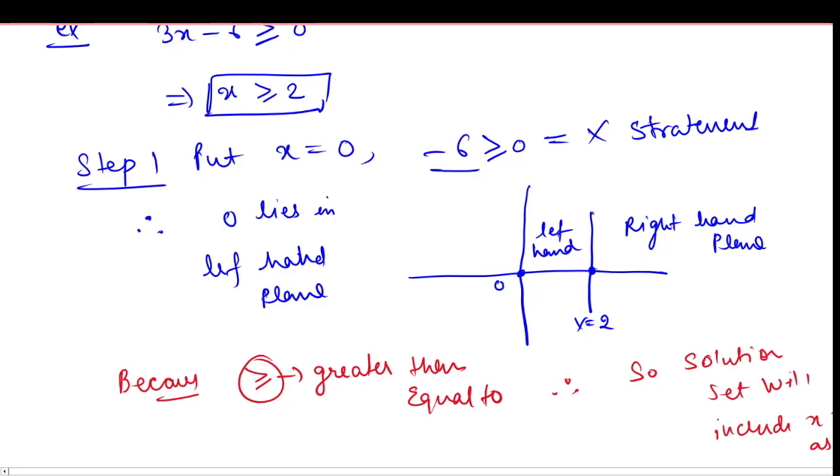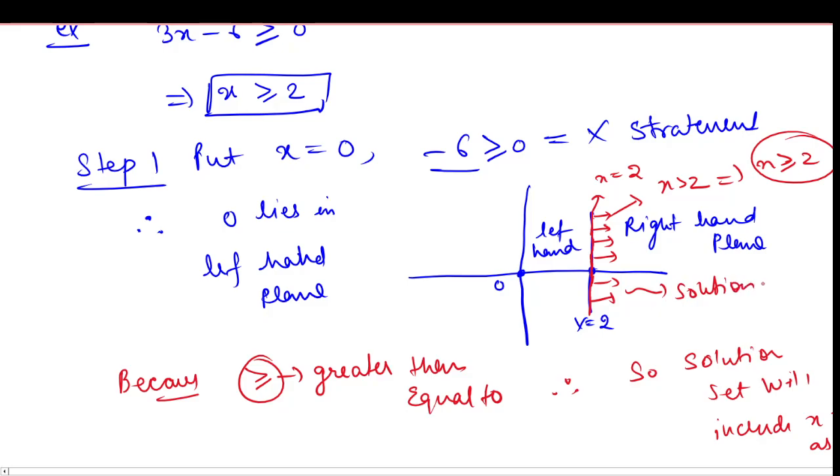Therefore this is the solution set. It is represented by a dark red line, and this represents x is greater than 2, and this represents x equal to 2. Therefore this implies x is greater than or equal to 2. So this is the solution region.